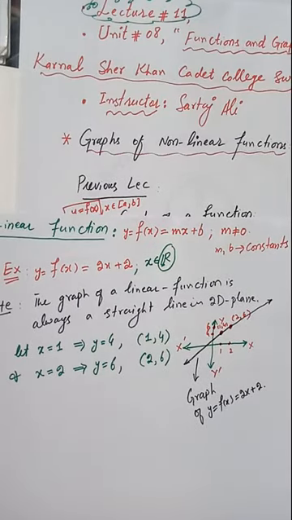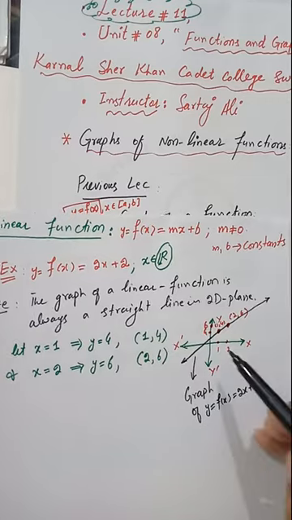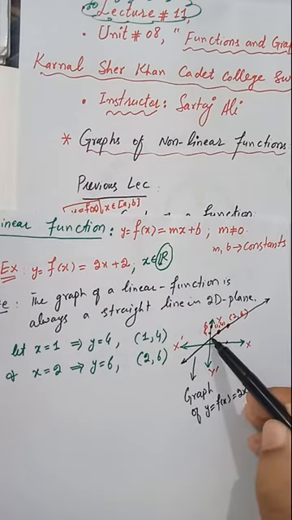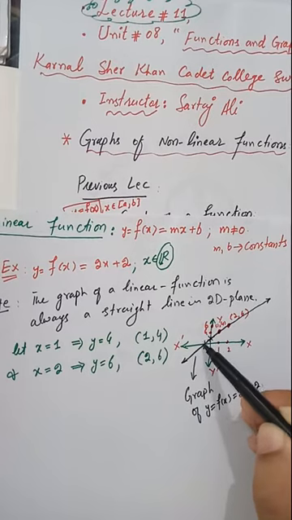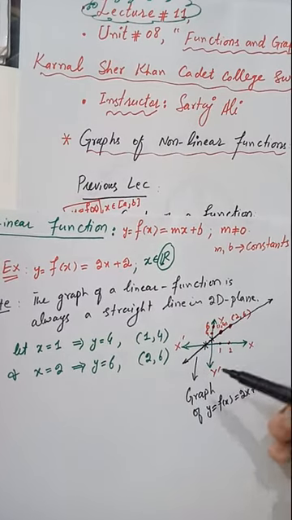Now, this method is not accurate, because you see that this line passes through the y-axis at this point and through the x-axis at this point.